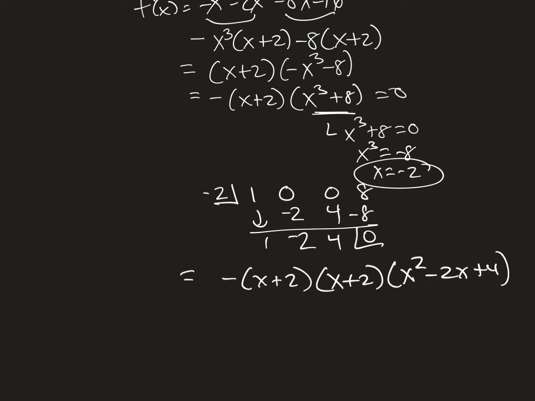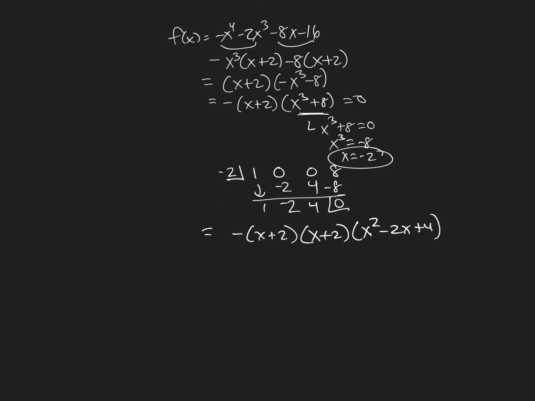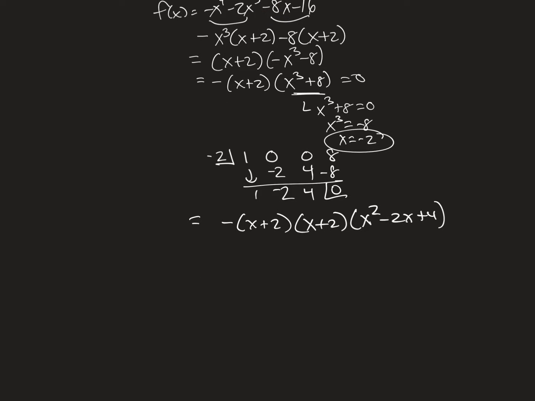And unfortunately that, as we kind of suspected, doesn't factor. So I've got to use the quadratic formula, and we should suspect that it's going to be imaginary roots here. So negative b plus or minus the square root of b squared minus 4ac, over 2a.